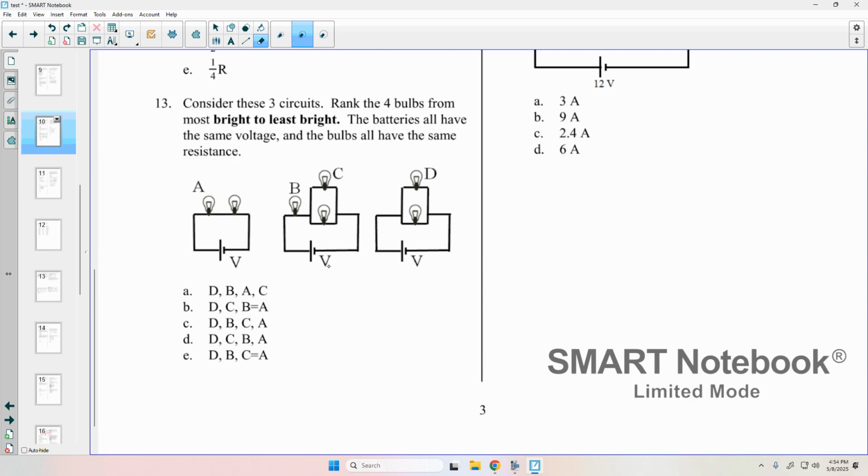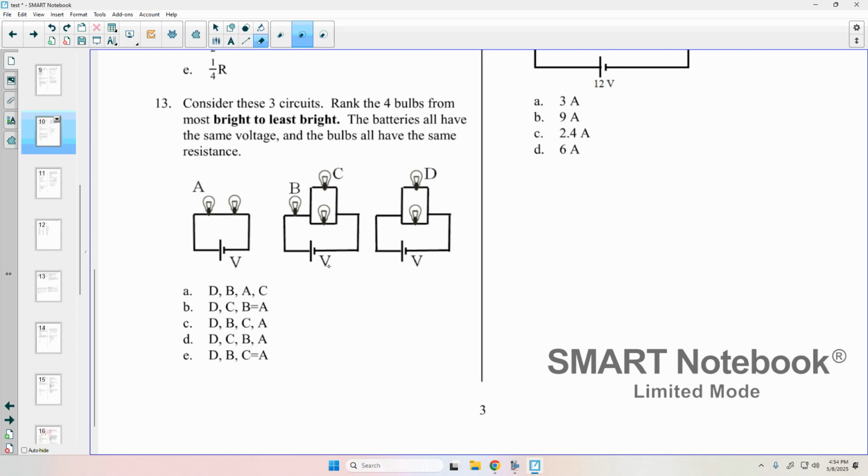So this one has a higher voltage and a higher current than this one does. Because this circuit has an overall smaller resistance, this one gets more current, more voltage than this bulb does. So if I'm ranking from most to least bright, then that means that I can rank B as being higher than A.